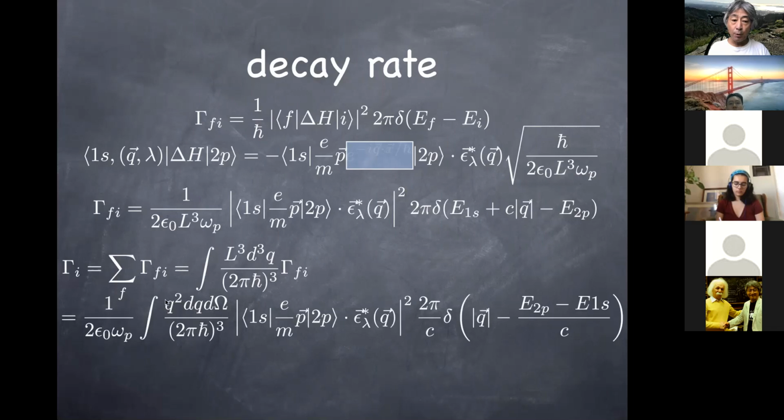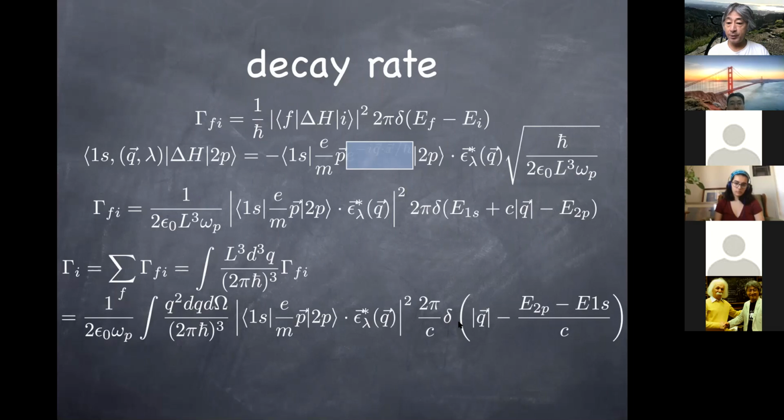By looking at the polar coordinates, one of the integrals is over the magnitude of the momentum of the photon. On the other hand, the delta function here also depends only on the magnitude of the photon momentum. So by writing it this way, I can immediately perform the integral over the magnitude of the momentum of the photon using this delta function.